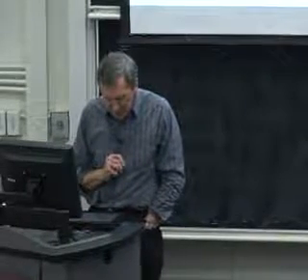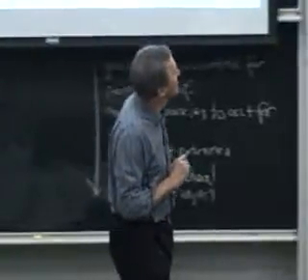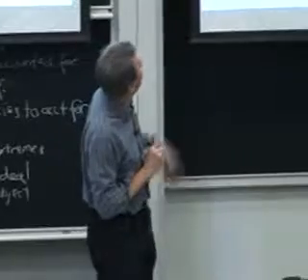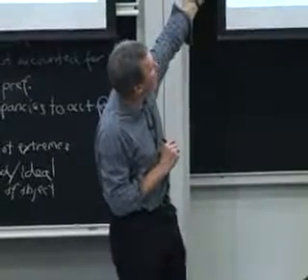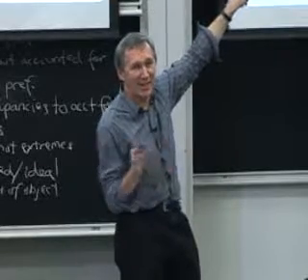Oops, I wrote all over de Finetti, a very famous guy. I didn't mean to diss him. He showed that if you don't believe those axioms, you can lose a lot of money.